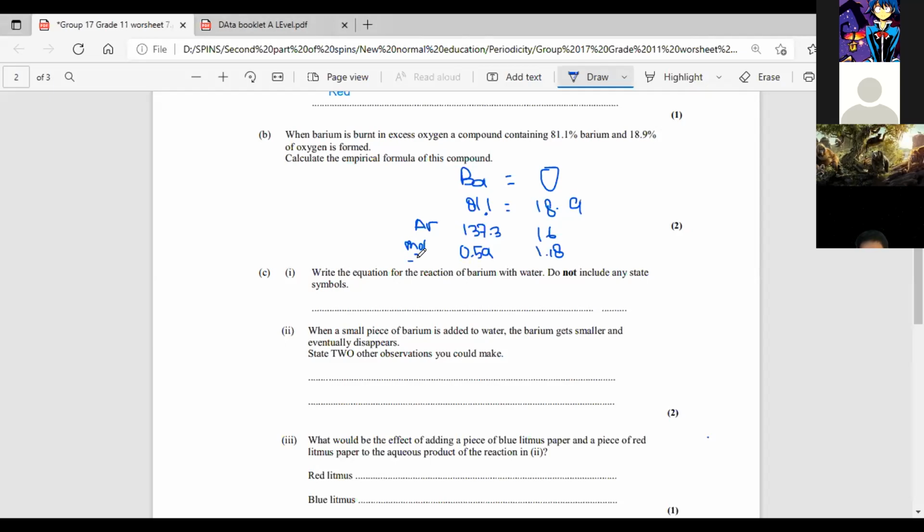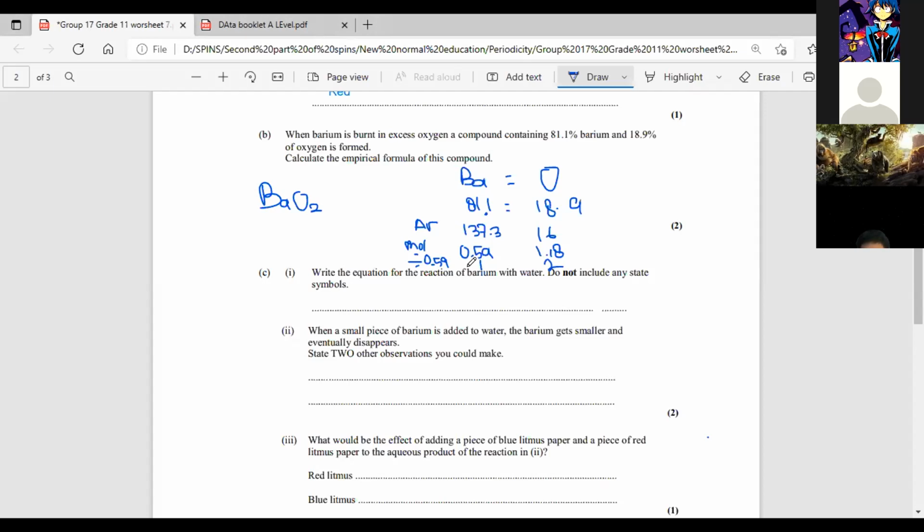Then divide by 0.59: 1 and 2. So the formula is BaO2.